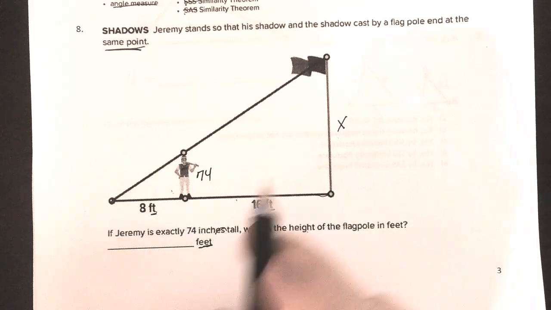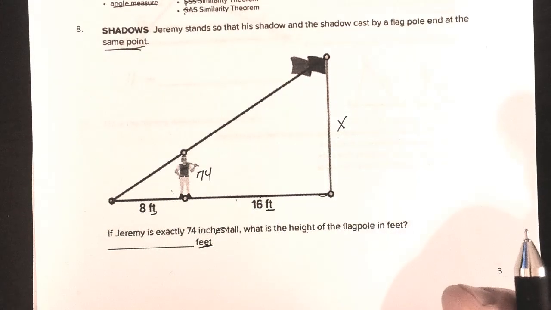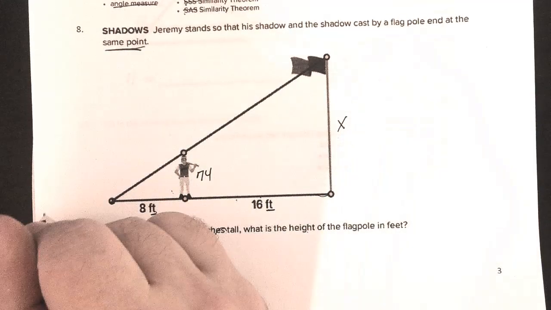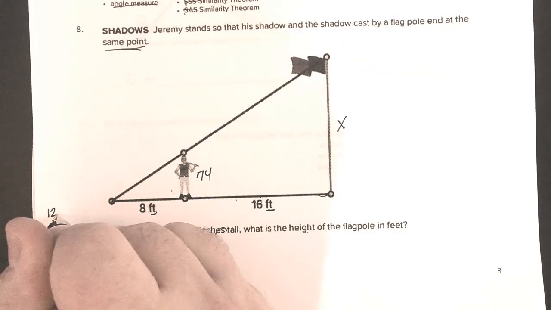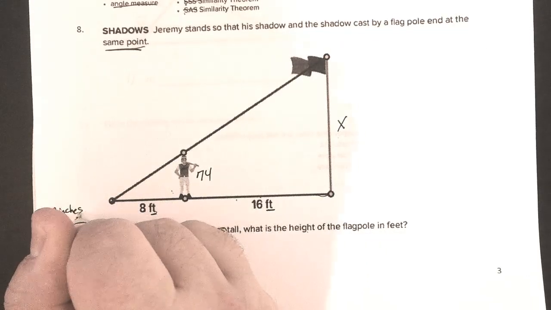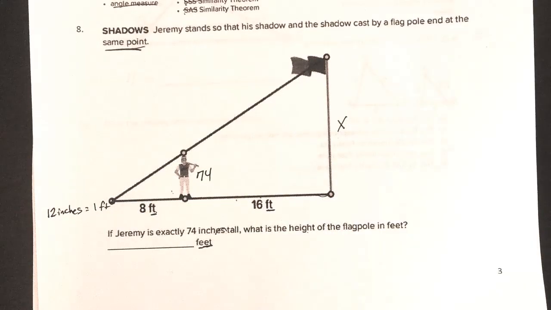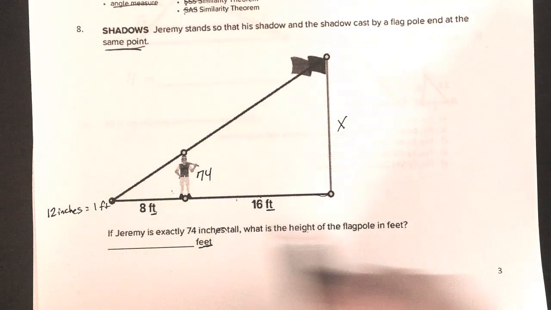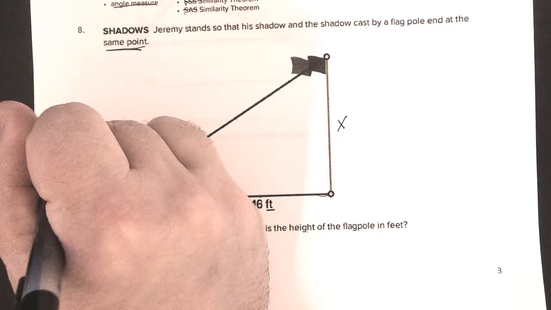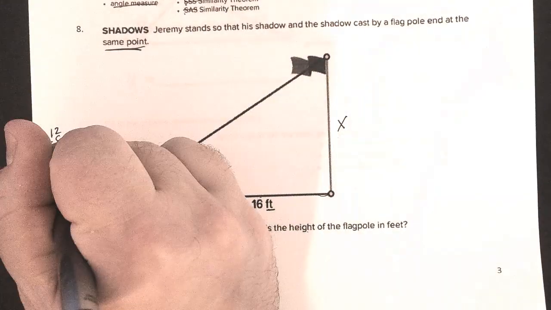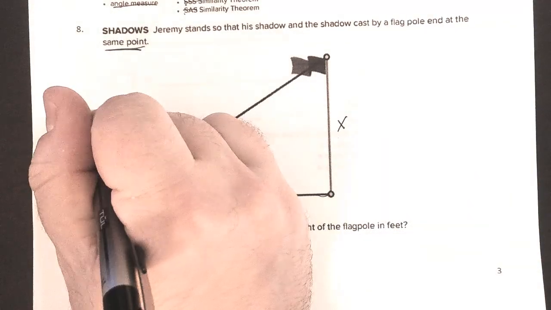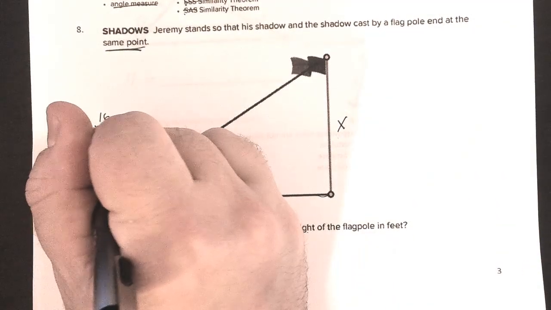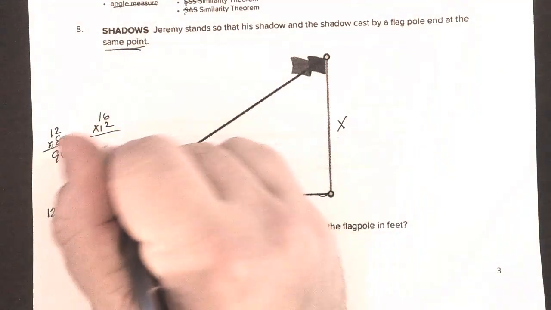So how many inches are in a foot? 12 inches equals 1 foot, right? So we're going to say 12 times 8 for this, which is 96. And then over here, 16 feet. So 16 times 12 is 192.